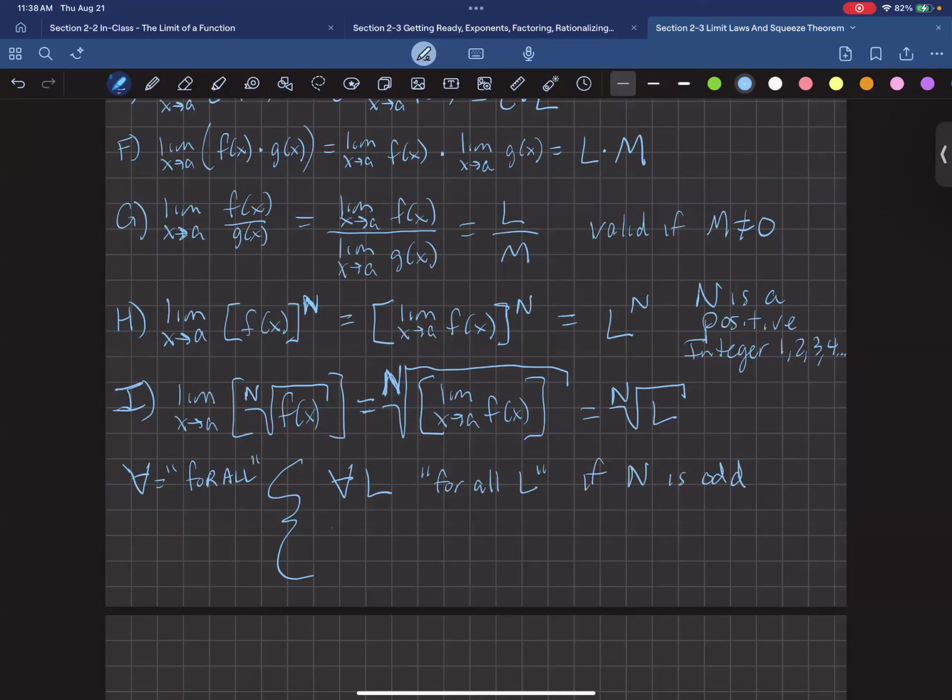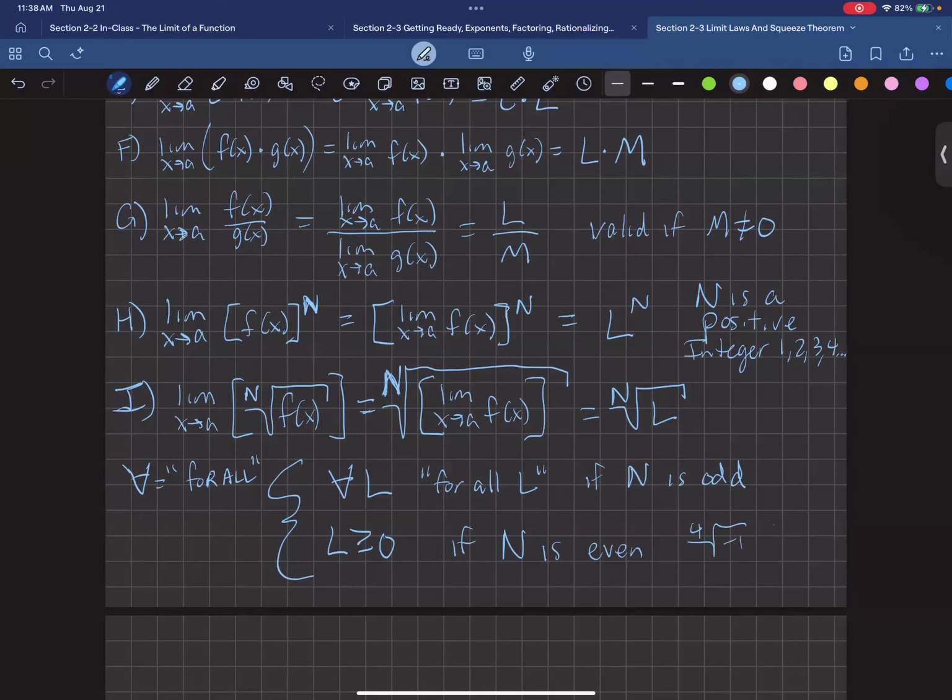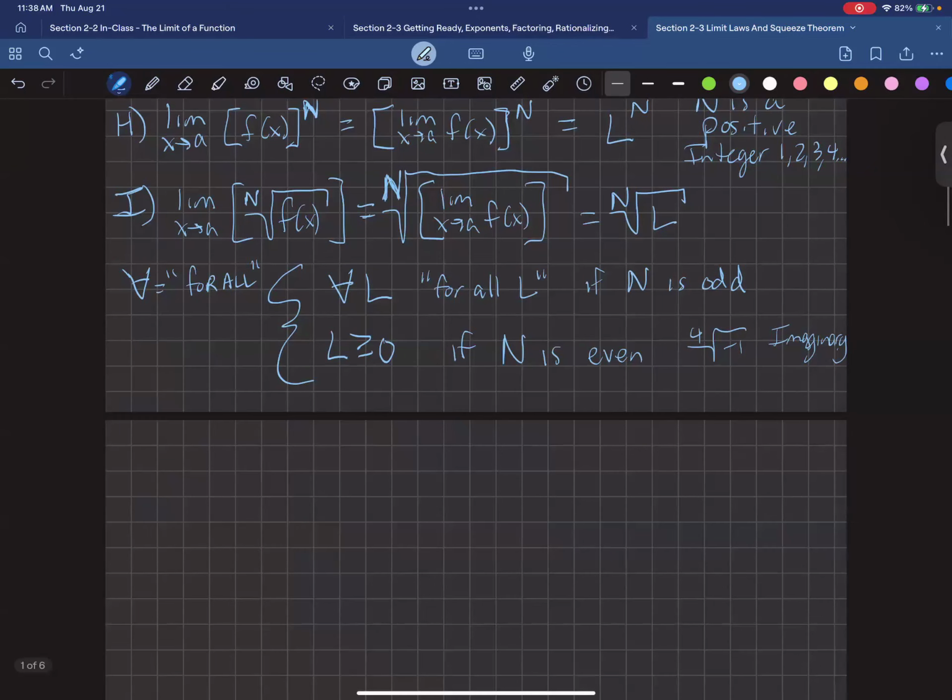And it works for L greater than or equal to 0 if N is even. Like the fourth root of -1, this is imaginary, so we don't want the inside to be negative. It's got to be greater than or equal to 0. Okay?